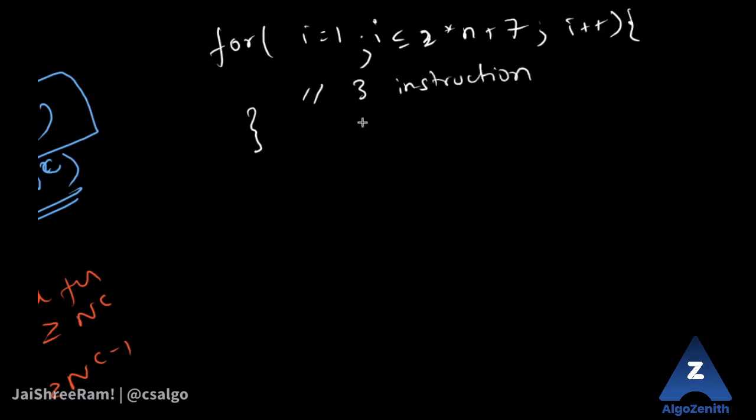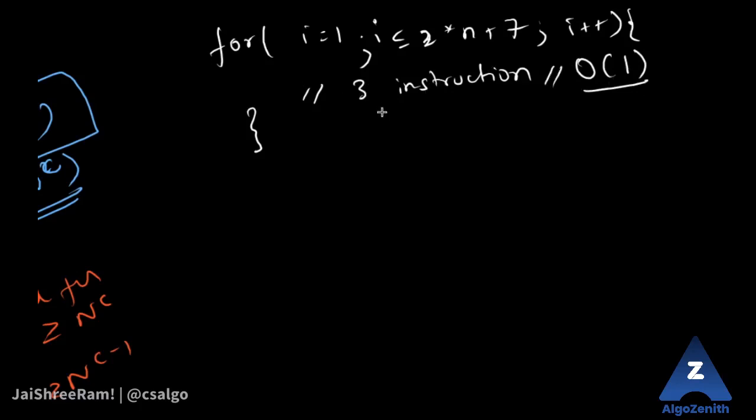Even if there are x number of instructions, if there is a very small number of instructions, we can call that order 1, right? Order 1 means there are a constant number of instructions. Order n means it depends on n, it's bounded by n. Order n square means it's bounded by n square, right? So if there are very few instructions, you can call them order 1. So we say that there are order 1 instructions in this for loop.